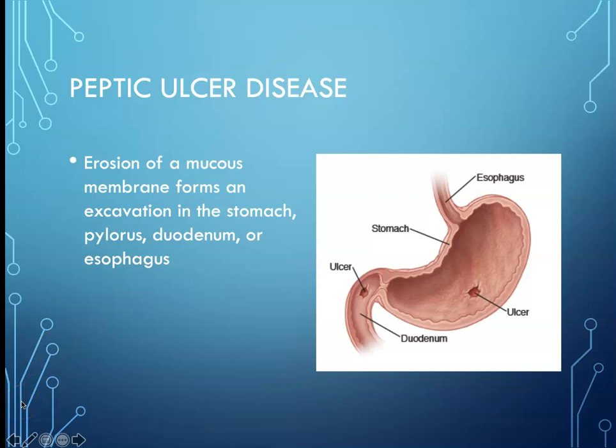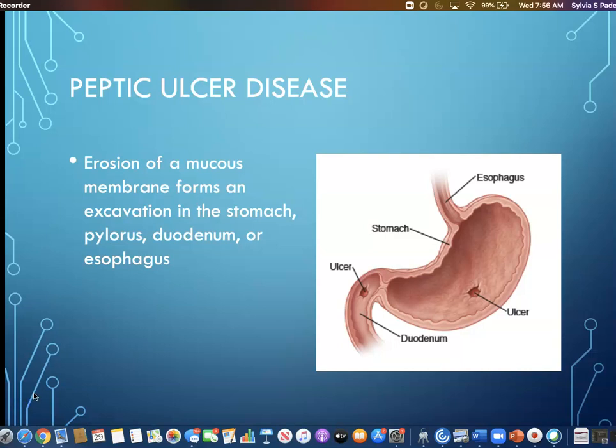And now let's talk about peptic ulcer disease. So peptic ulcer disease, there are two types, peptic ulcers, duodenal and gastric. And the epidemiology is that peptic ulcer is very common in the US.